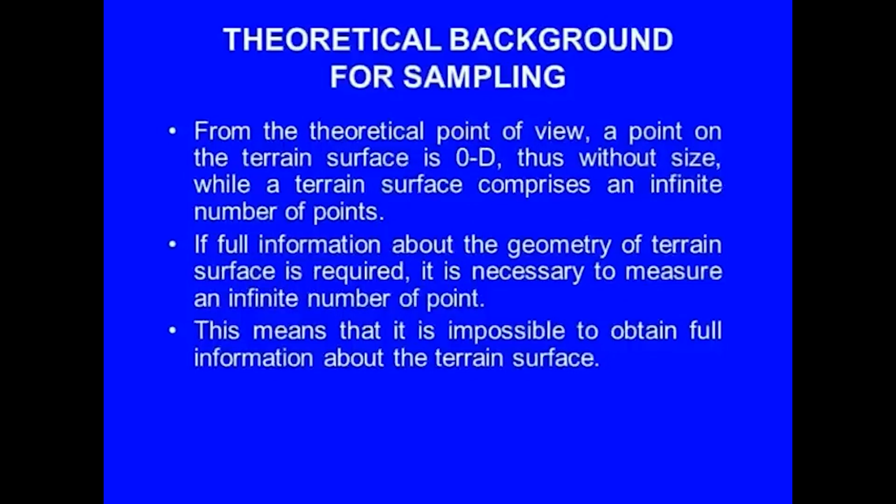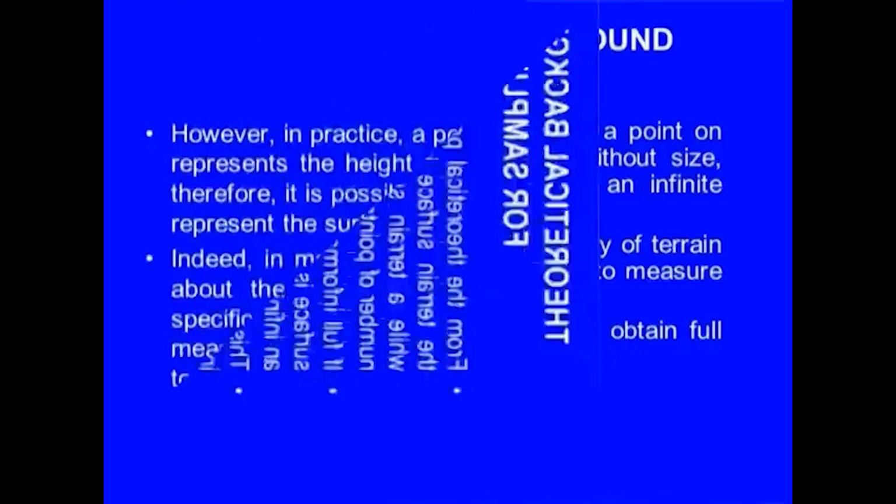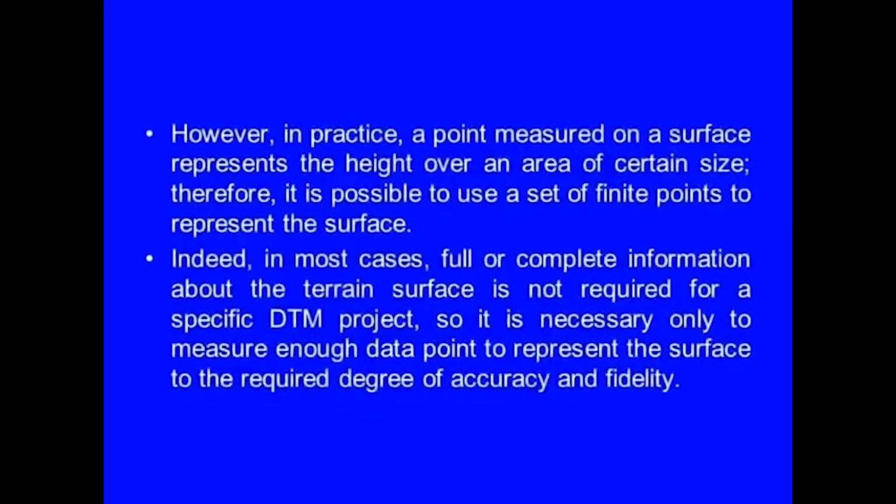This means it is impossible to obtain full information from terrain surfaces. However, in practice, a point measured on a surface represents the height over an area of certain size. Therefore, it is possible to use a set of finite points to represent the surfaces.